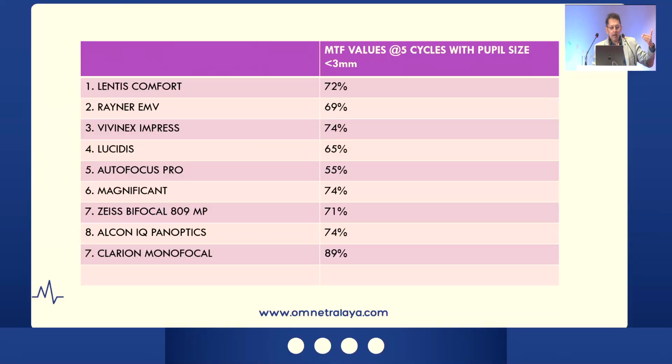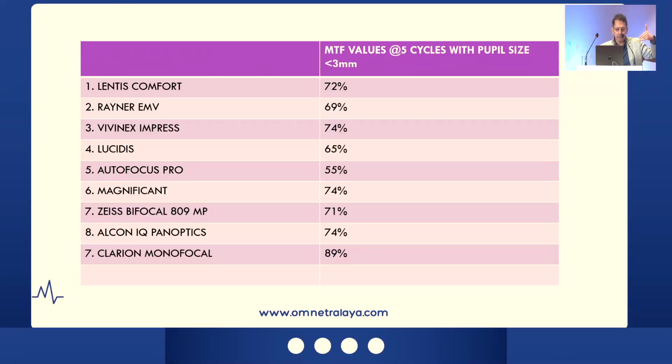As compared to that, as you go from down to up, PanOptix, which is a trifocal, MTF is reduced to 74, bifocal multifocal 71%. Even a monofocal plus IOL, which has high, I told you about pure EDOFs to begin with, Magnifi, which has a 1.2 addition, you will find its MTF dropped a little bit to 74%, almost equivalent to a trifocal, right? And when you come to AutoFocus Pro, it's 55%, okay? Lucidis is 65%.